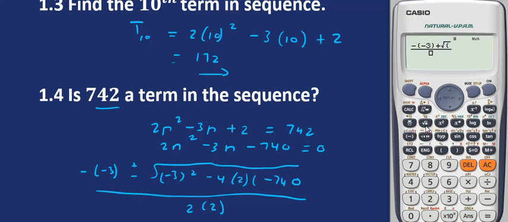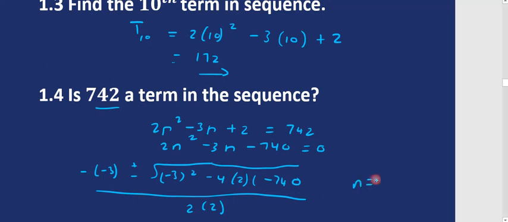All right, negative 3 squared. All right, so first of all, we get an n of 20.